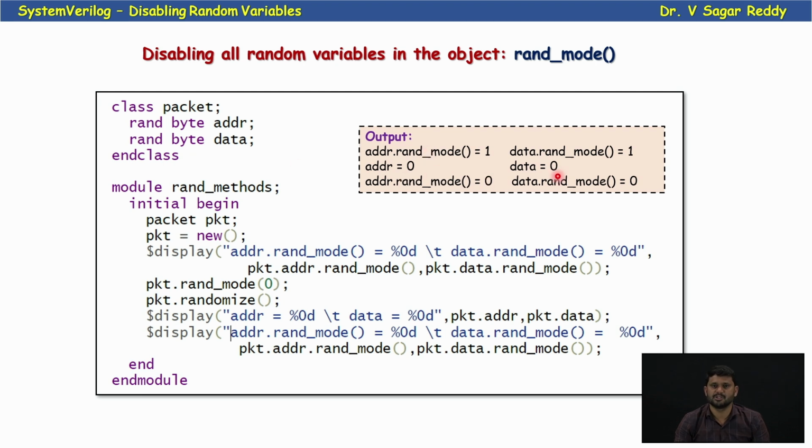It prints data is 0, address is 0. Then I print the active state of those random variables by using the rand_mode method. Now that I have disabled all, it returns 0 for both address as well as data. By this example we can understand how to disable all random variables in a particular object by using the rand_mode method.